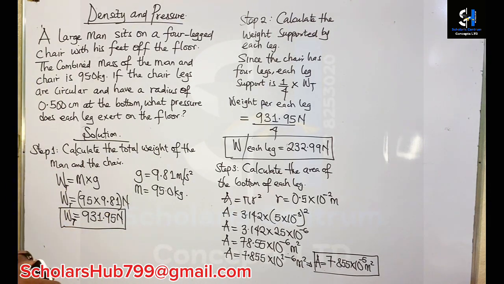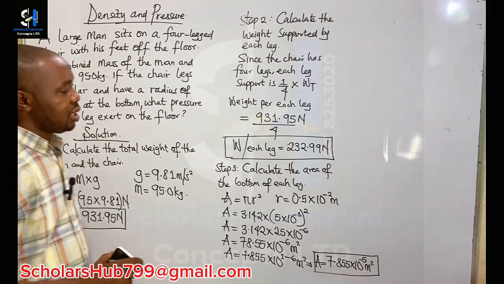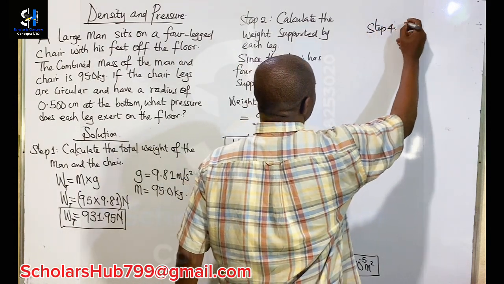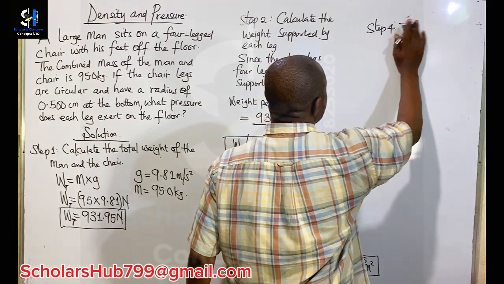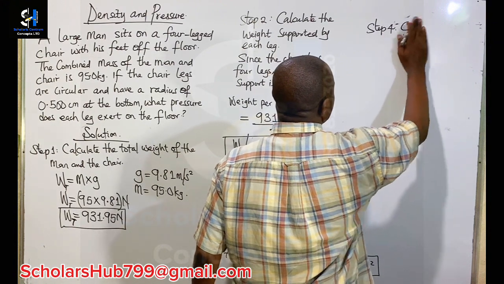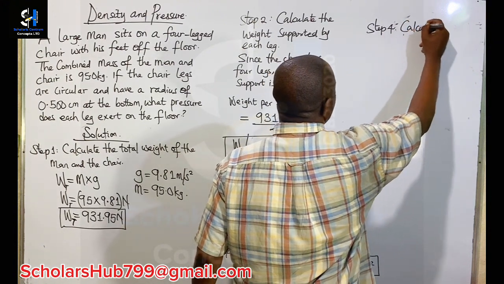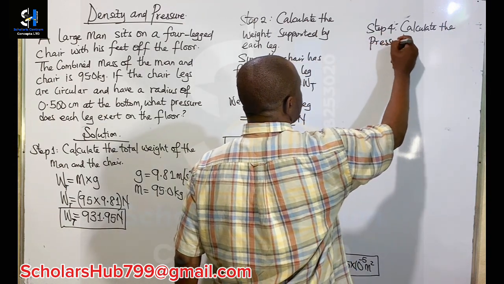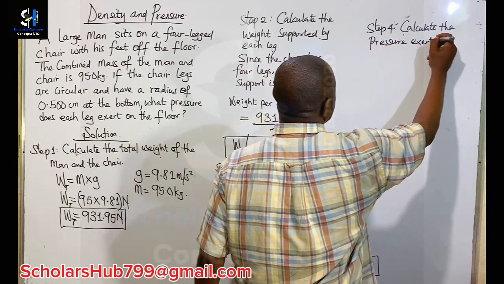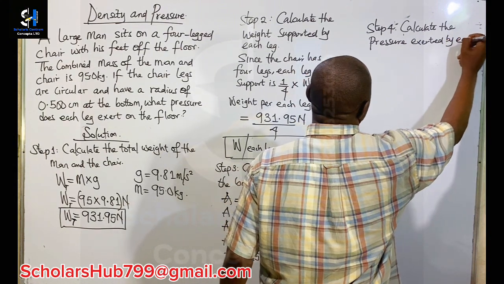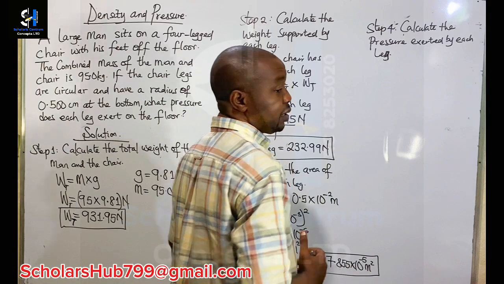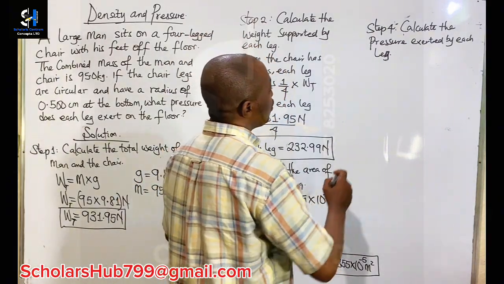So the next is to calculate the pressure. What pressure does each leg exert? So step 4. Pressure, that is to calculate the pressure exerted by each leg, because we have a 4-legged chair.